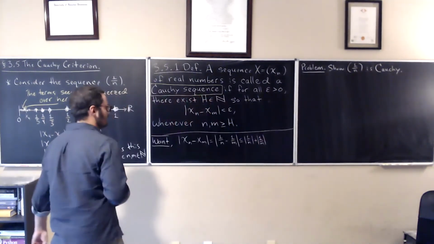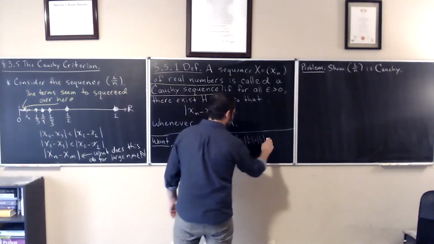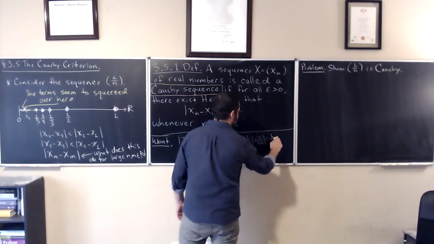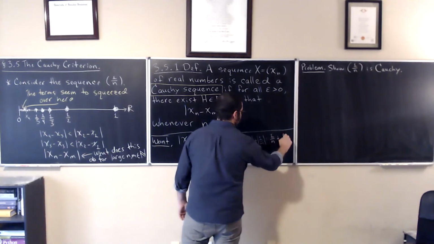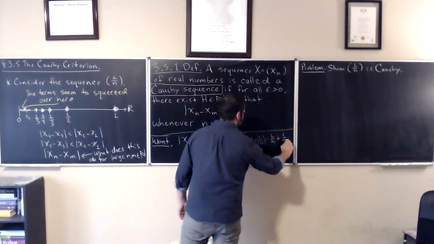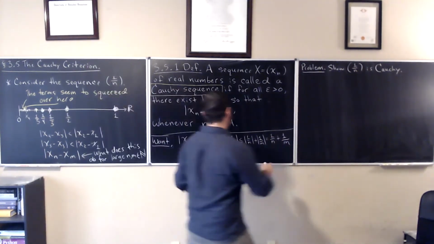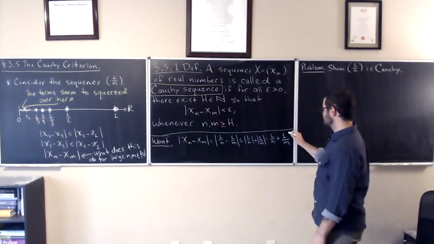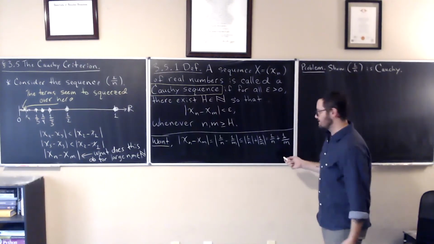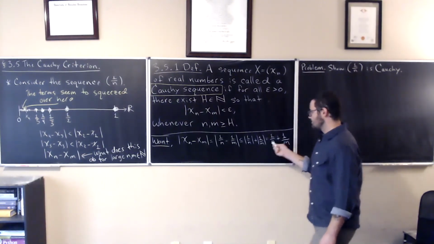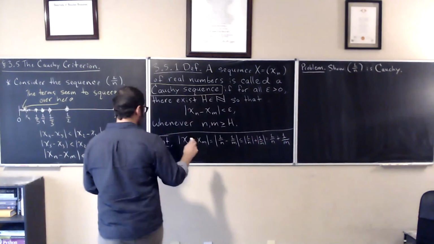But this is equal to, because these are just natural numbers, this. And we want this to be less than epsilon, right?